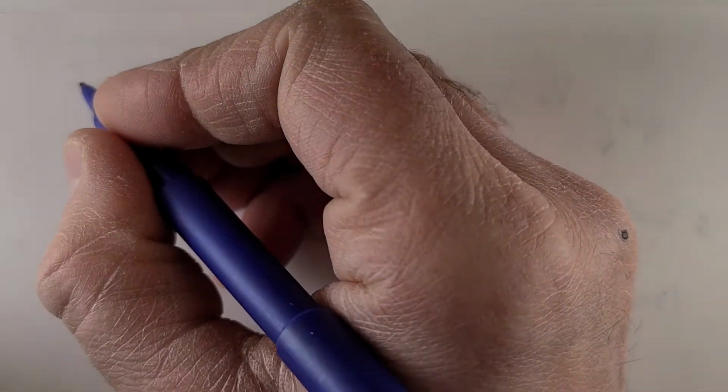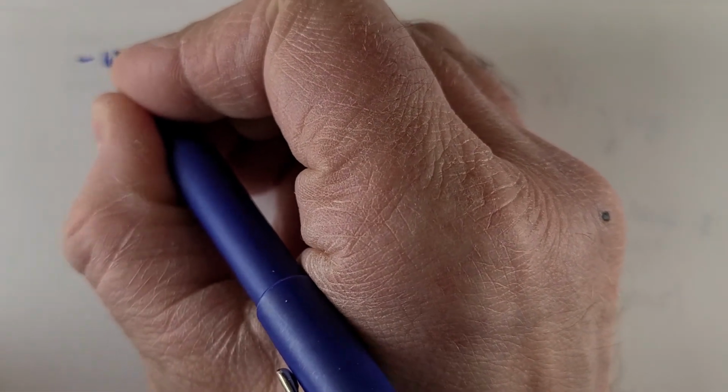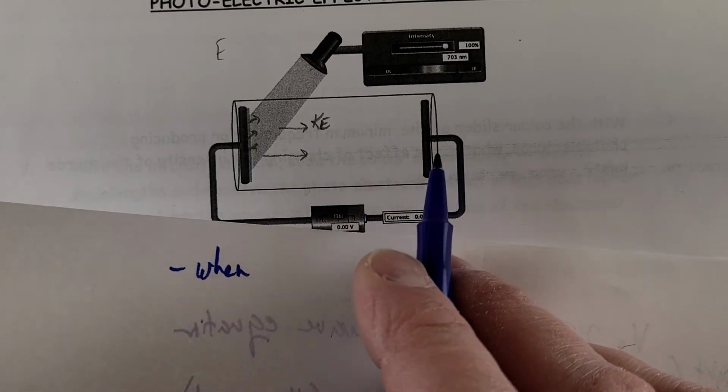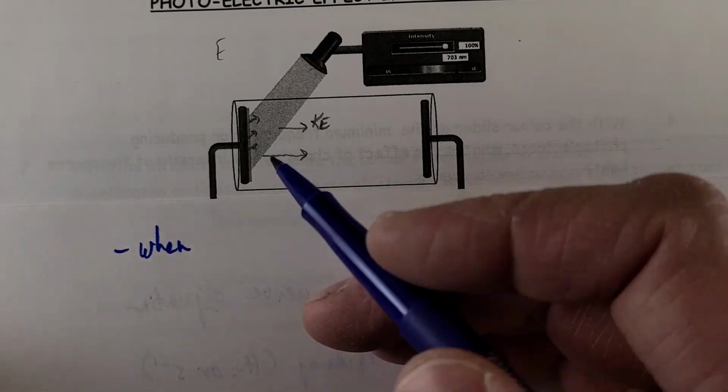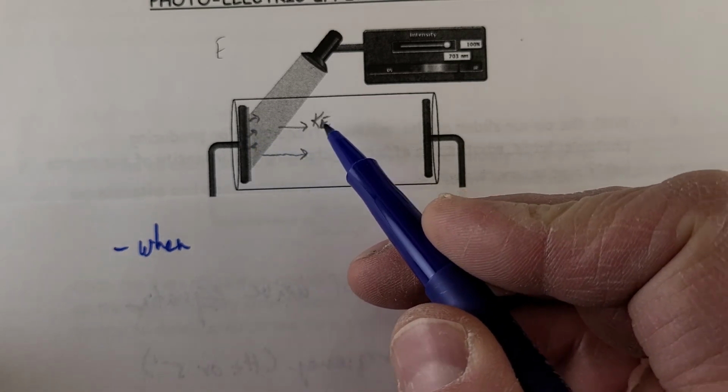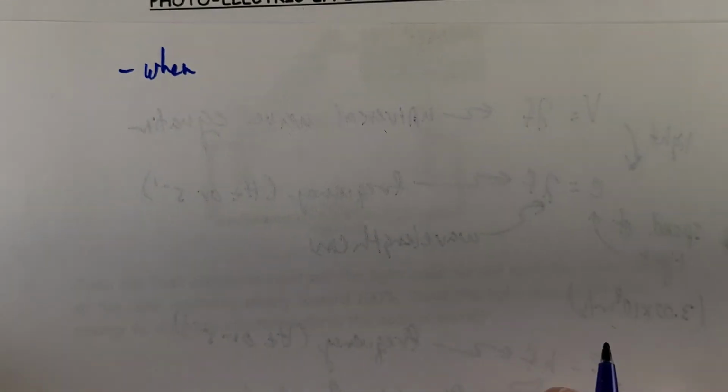All right, so with that, as I mentioned over here in this diagram, electrons will go flying off and hit the other side, and as I mentioned, the energy of the photons, some of it is used up to dislodge an electron, and the rest of it is in terms of kinetic energy of the electron moving across the plate.